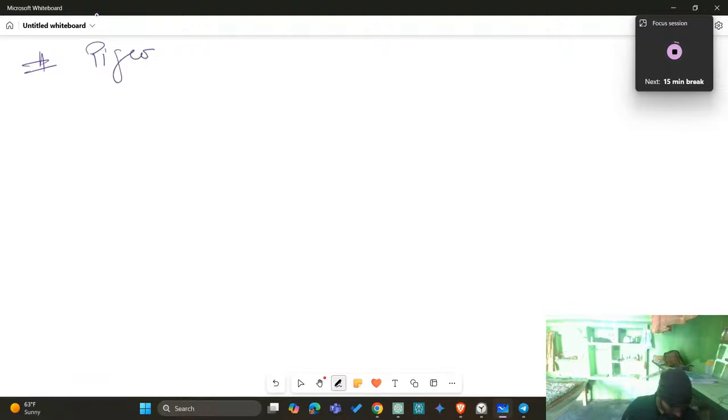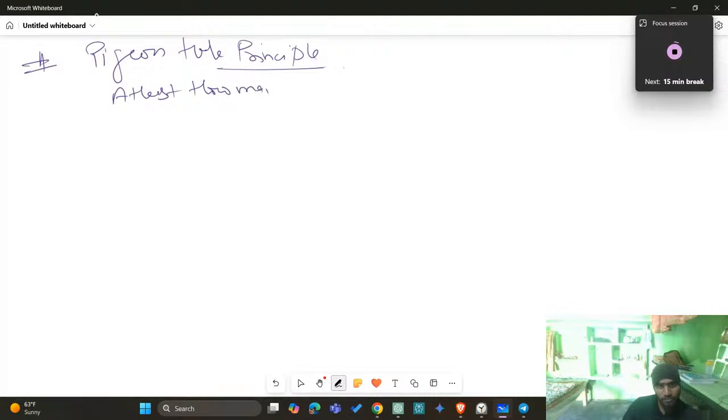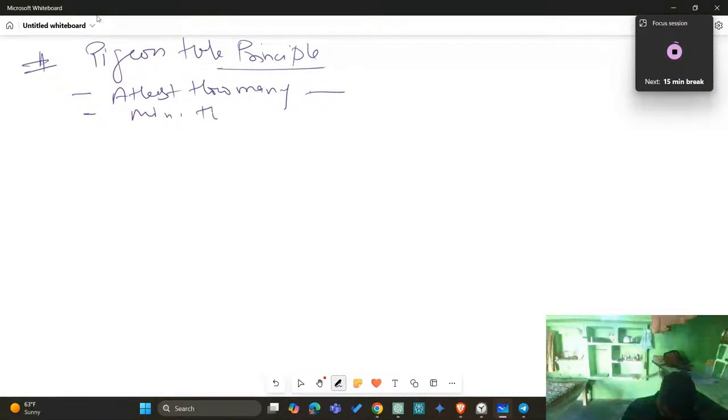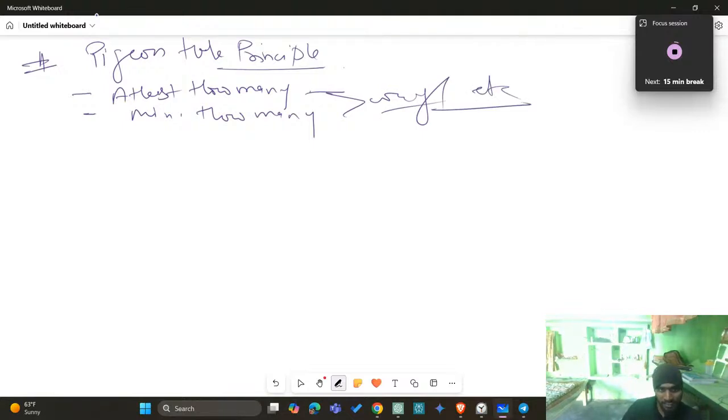What does the pigeonhole principle state? There are some keywords for pigeonhole principle questions: at least how many, or minimum how many, or how many ways, at least how many ways. This is the type of question we get from the pigeonhole principle.